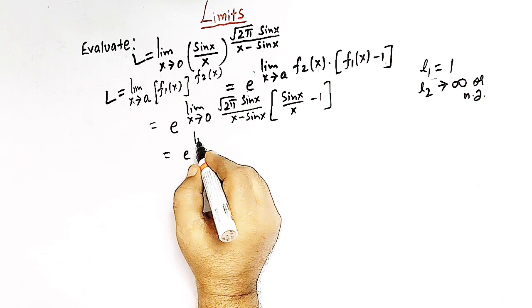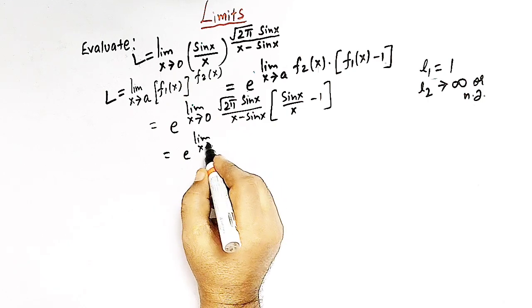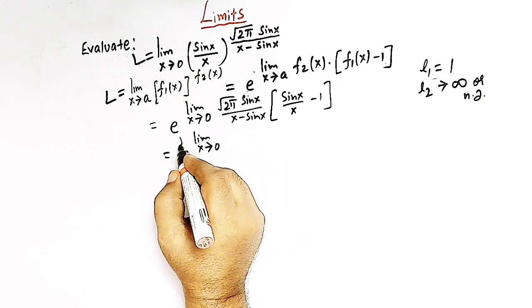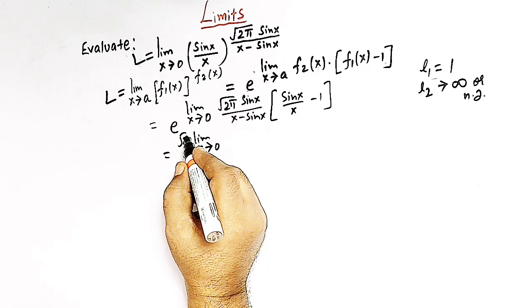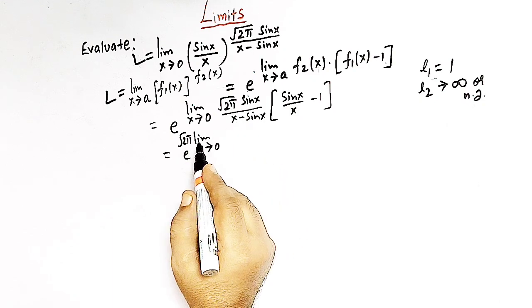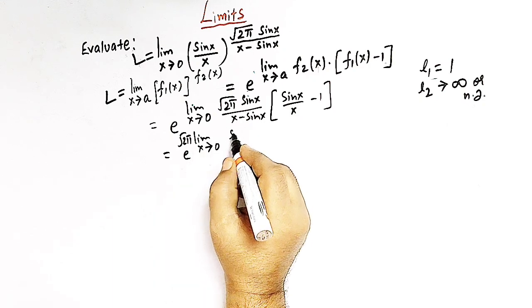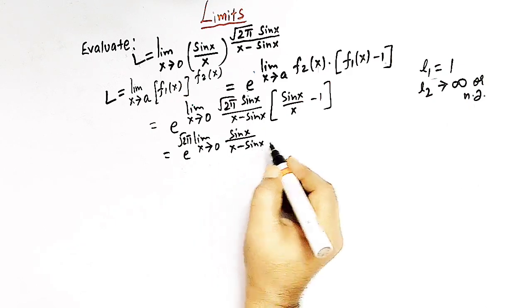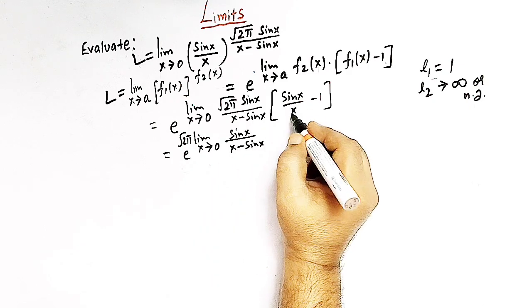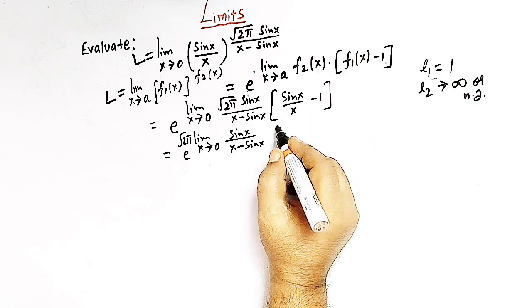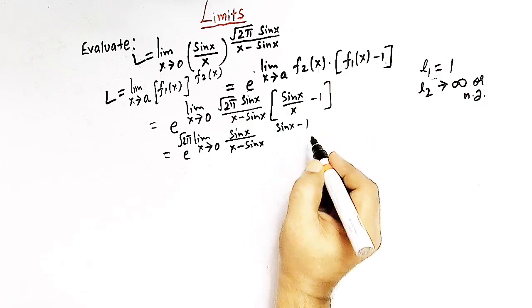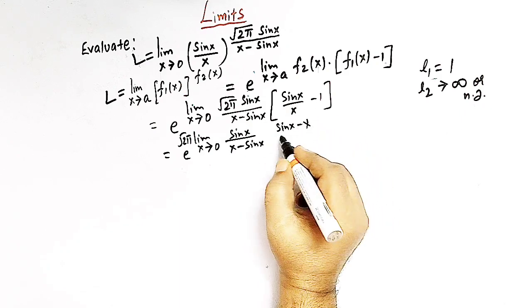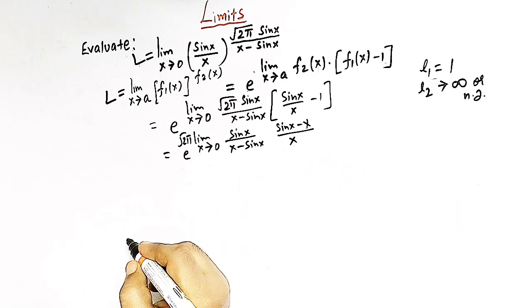So we can now write limit x tends to 0. Here square root of 2 pi can be taken in front of the limit notation, and here we have sin x over (x minus sin x), and if we solve the other expression, we'll get (sin x minus x) divided by x, right?